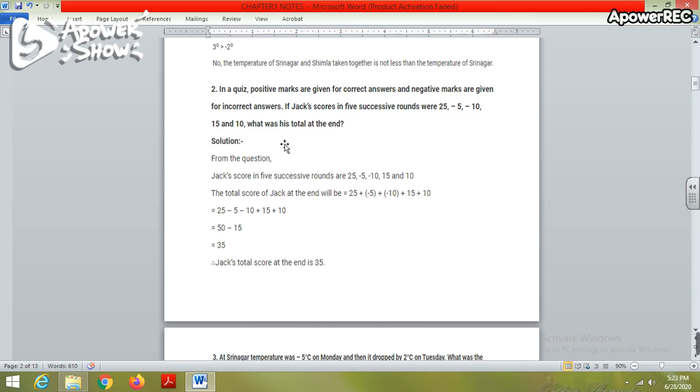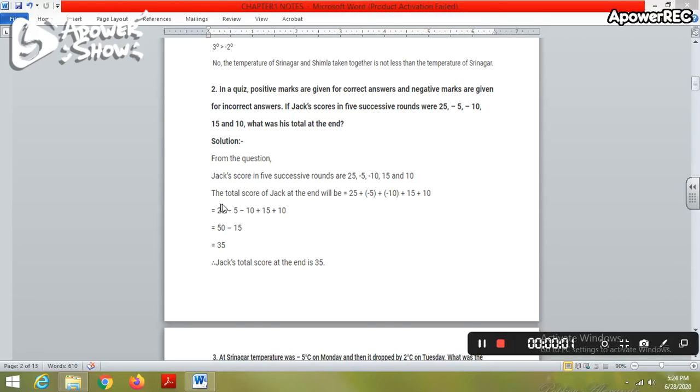So for finding the total score of Jack, you have to add his scores in the 5 successive rounds. So the total score of Jack equals 25 plus -5 plus -10 plus 15 plus 10, which equals 25 -5 -10 plus 15 plus 10.